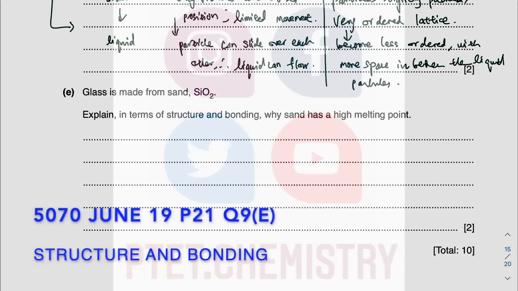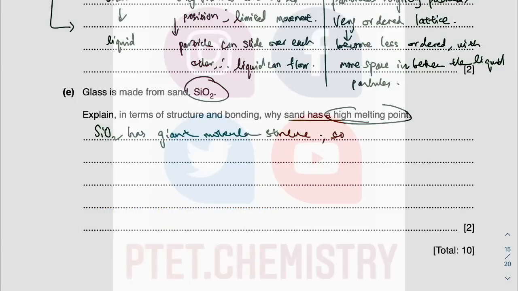Okay. Next bit, so you want high melting point. So this is SiO2 there. SiO2 has a giant molecular structure. So we talk about the structure already. So we need to think about melting.